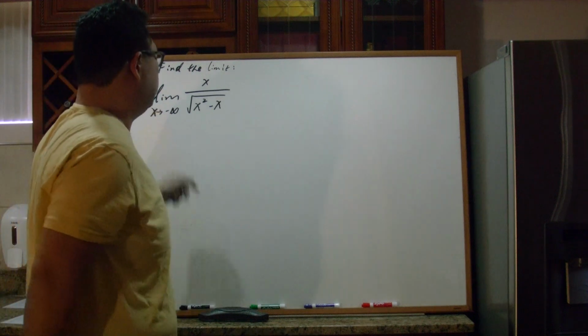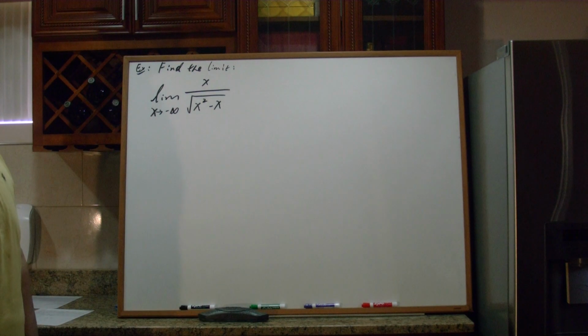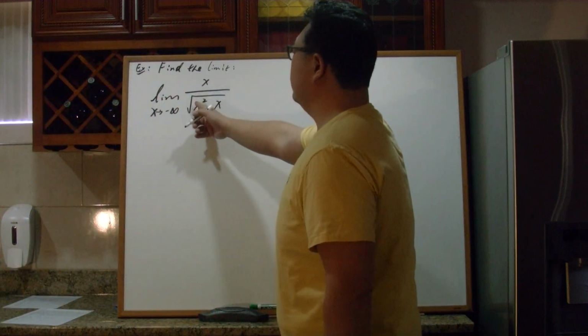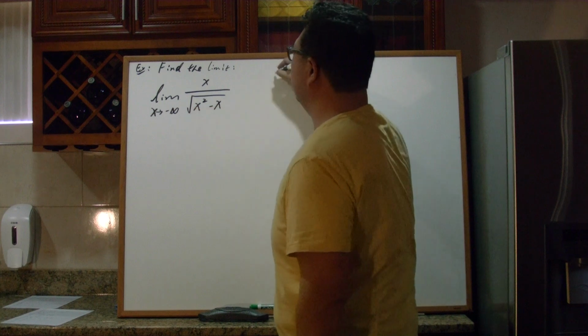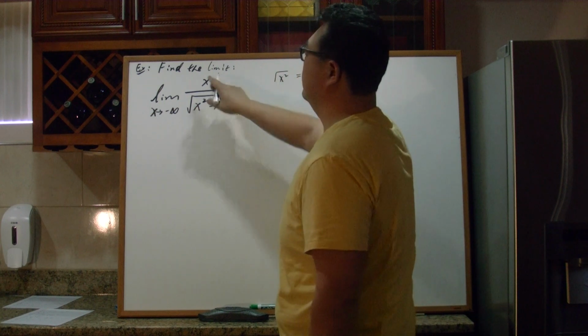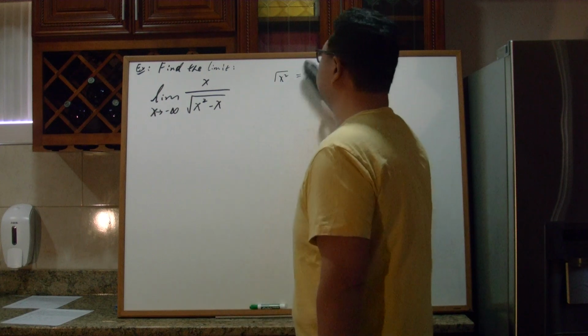So as x approaches negative infinity, of course, it is defined there. And basically the leading term on the denominator is the square root of x squared, which is just x, same as the numerator.